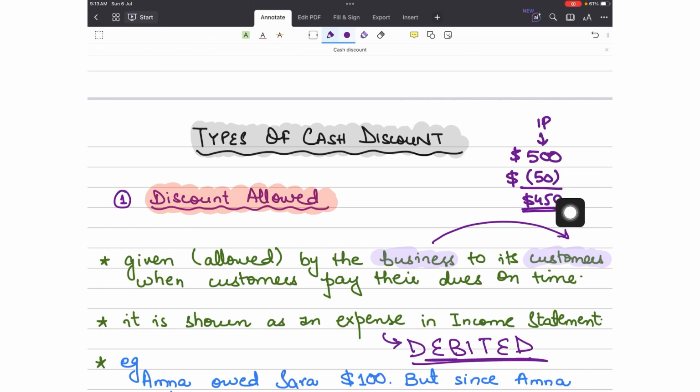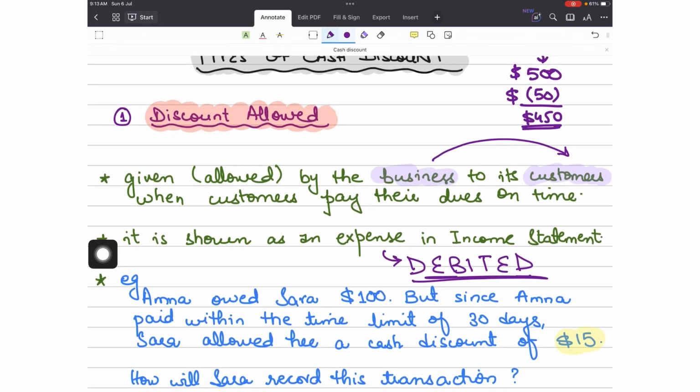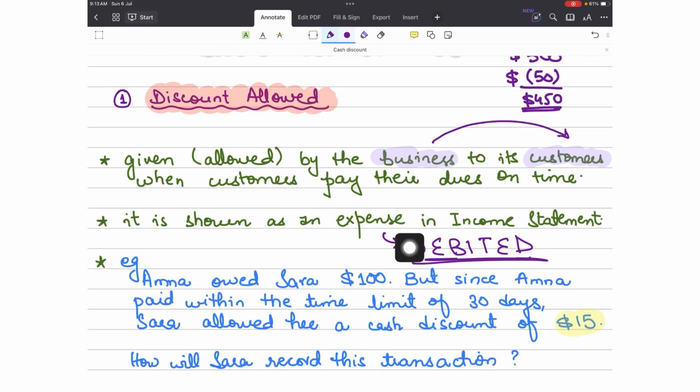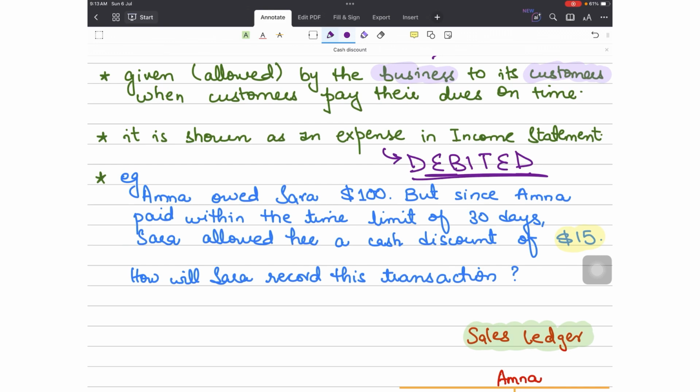No, I'm receiving less. So discount allowed is an expense for the business because the business is not receiving the amount in full. The discount allowed acts as an expense. That is why it is debited, right? It is shown as an expense in the income statement. It is debited. Let's see the double entries as well through an example.